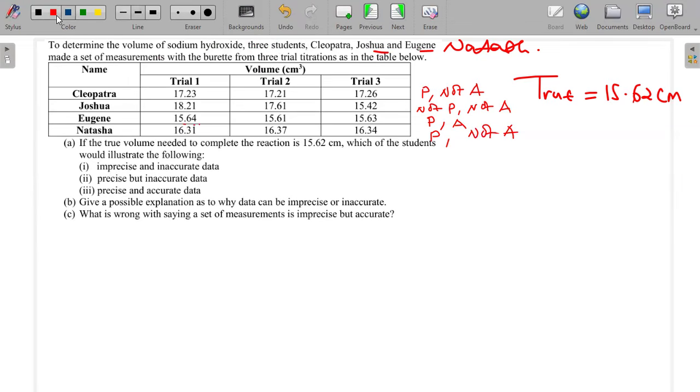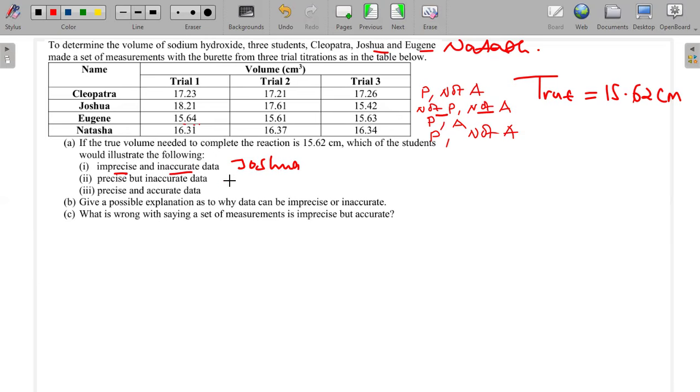Okay, so now let's just follow whatever they were asking us. So which of the following students illustrate imprecise, which means not precise and not accurate? Not precise, not accurate. That is what? Joshua. Okay, and then precise but not accurate. Precise, not accurate, we have 2.